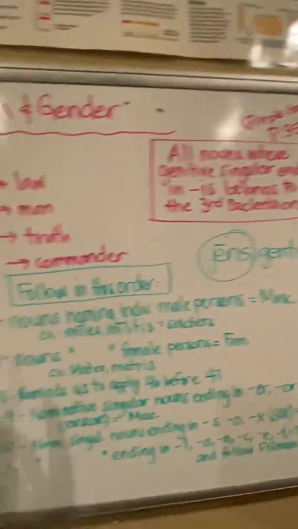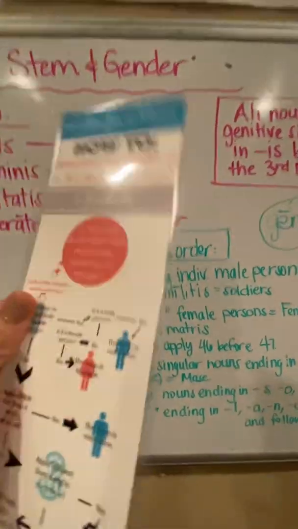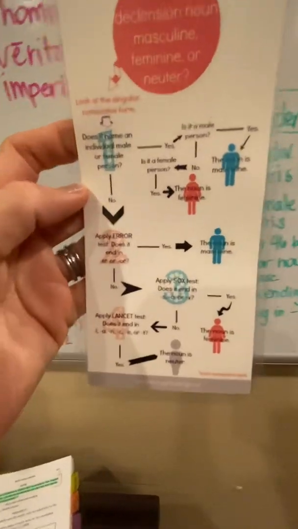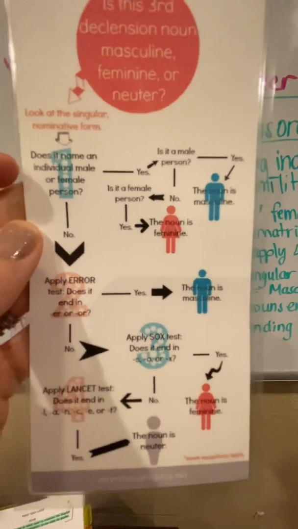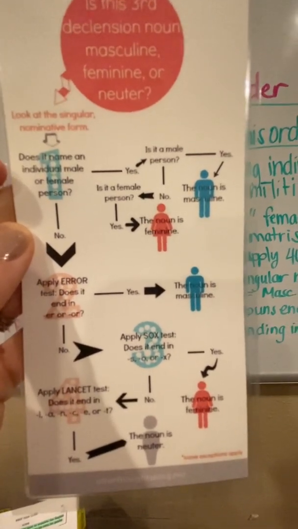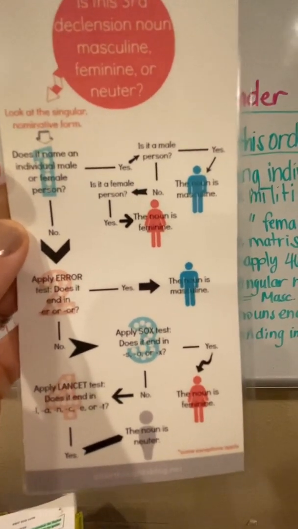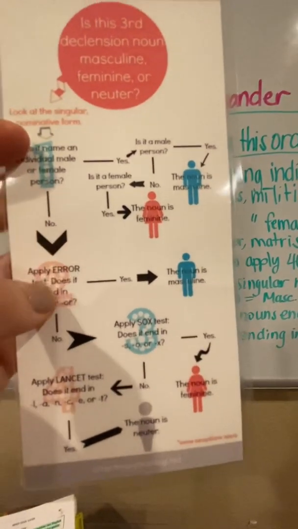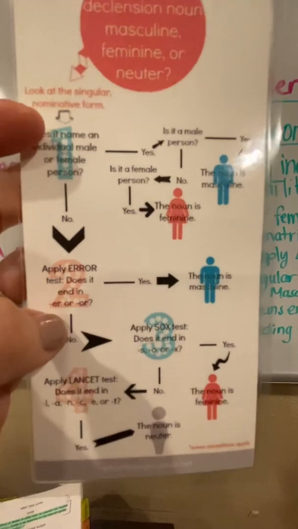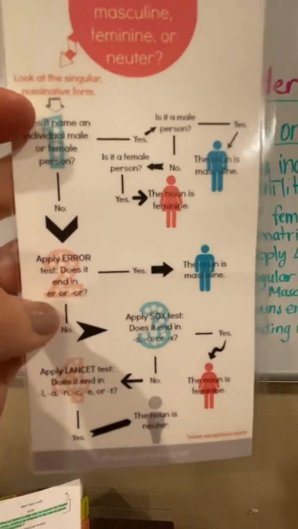Well, using our fun little bookmark here, I'm going to look at it, and it says, does it name an individual male or female person? Tribe? It does not name an individual male or female person. So we go to no, and it leads us to the next question. Apply the ER test. Does it end in an ER or an OR?